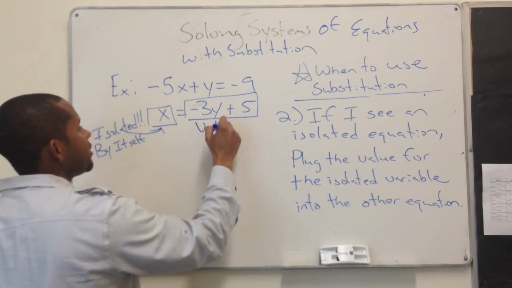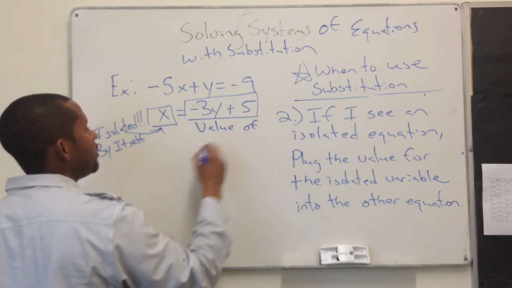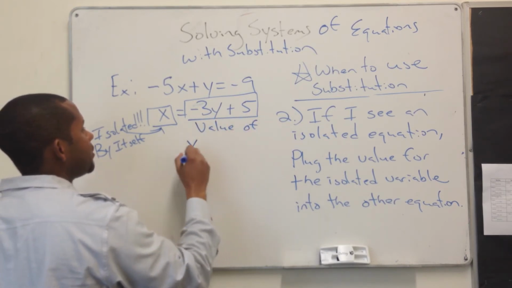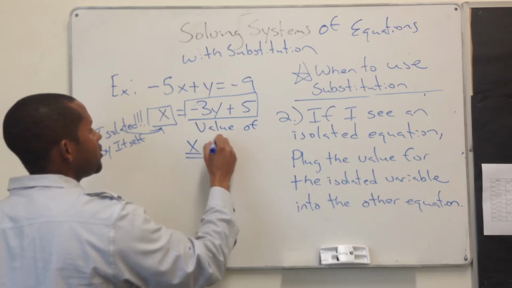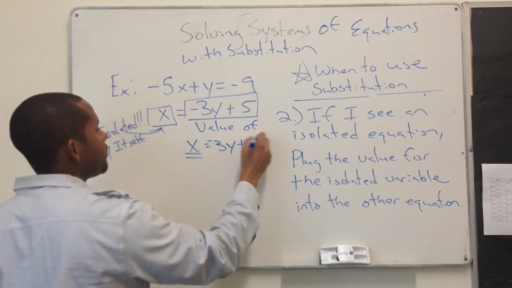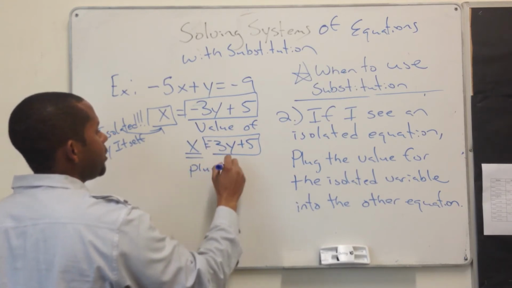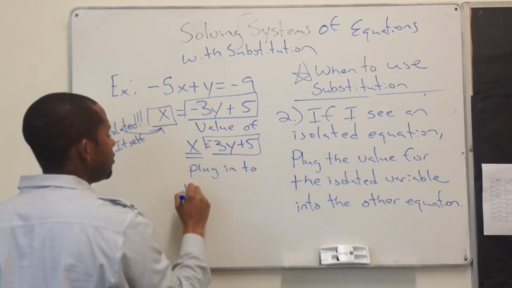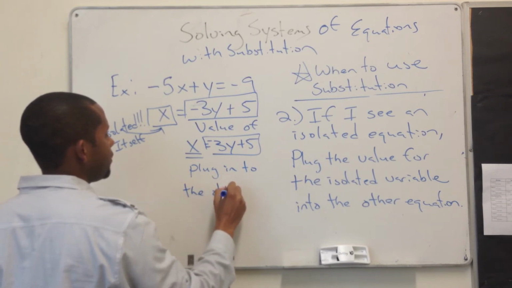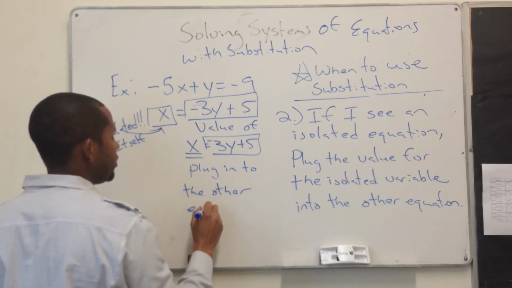So when I see this, I plug the value for the isolated variable into the other equation. Here, the value of x is negative 3y plus 5. Plug that into the other equation.